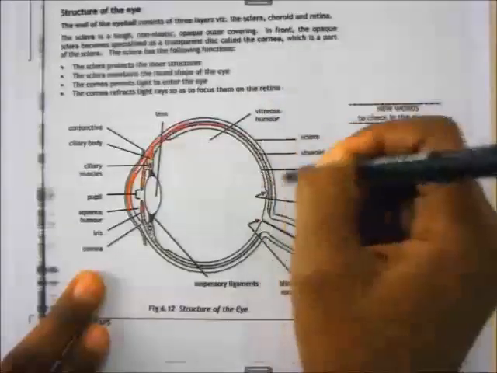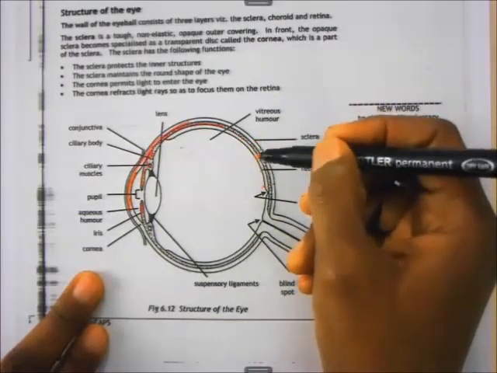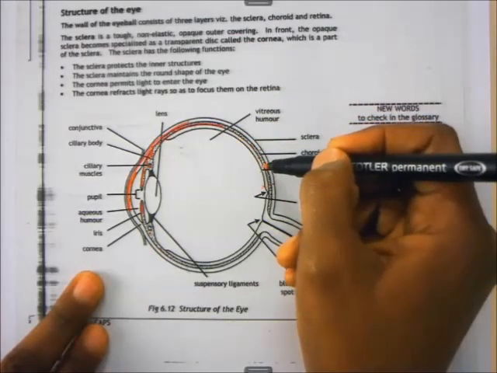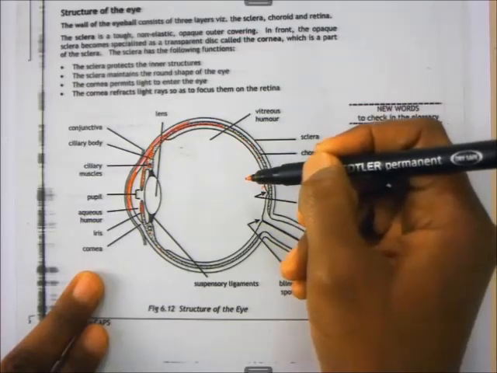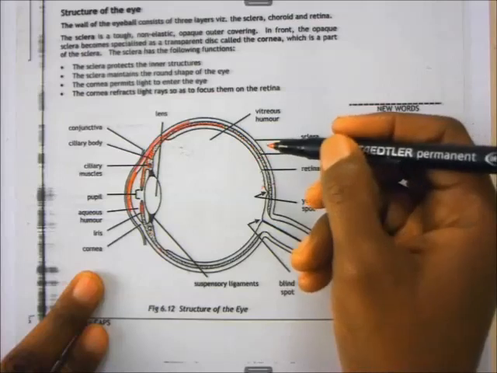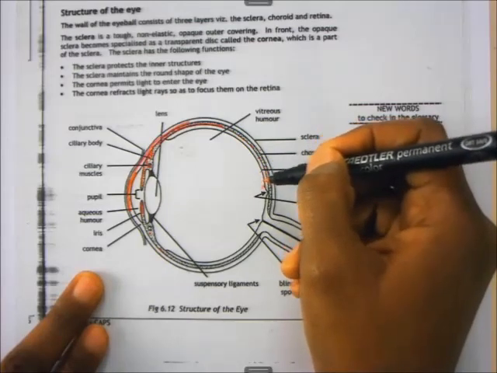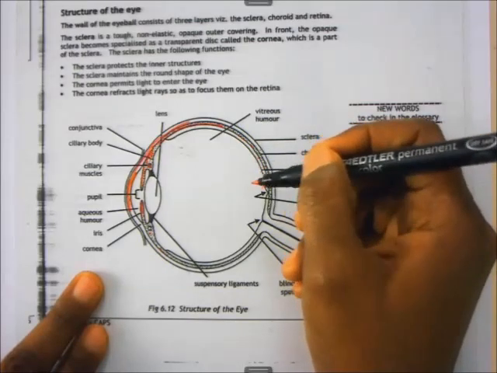So now, here let us focus on the structure of the eye. And then we do have another layer of the eye which is called the retina. So now the retina is the inner layer of an eye that has the photoreceptors.